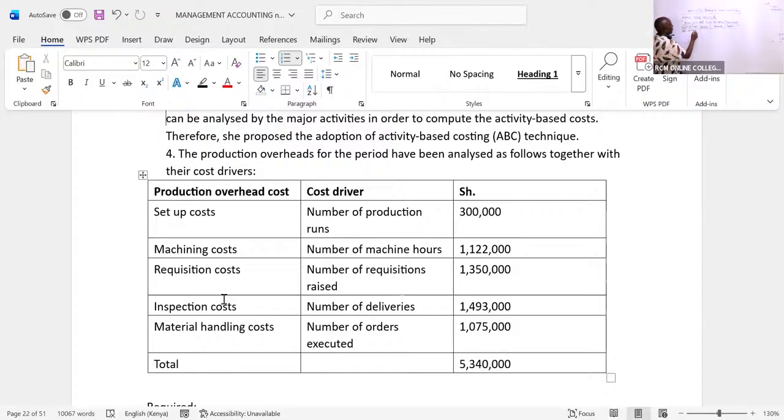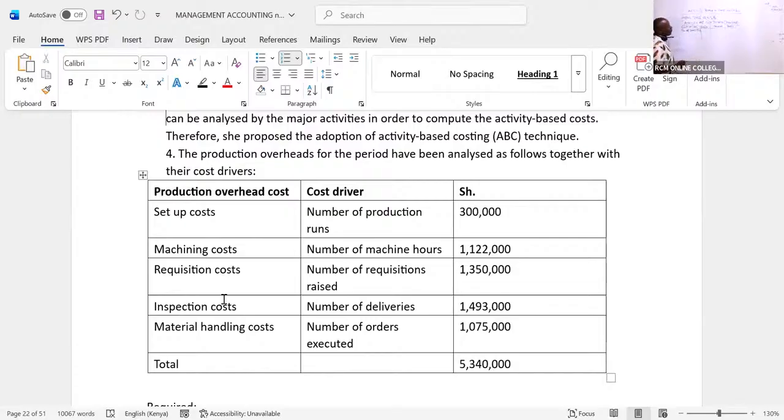Setup costs. Sorry, it's number of production runs. The cost driver there is number of production runs.